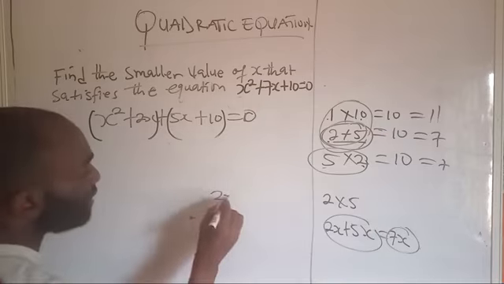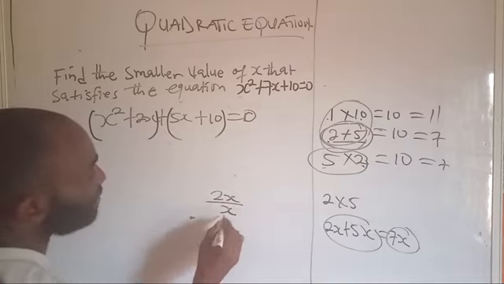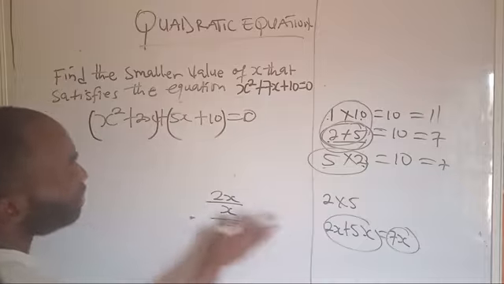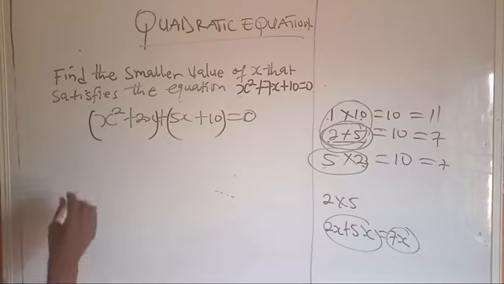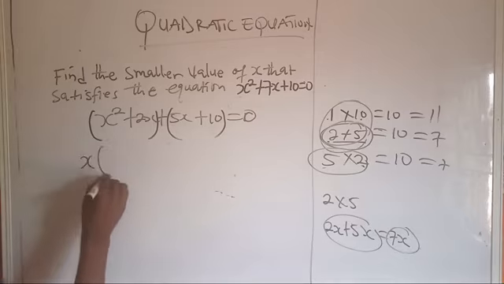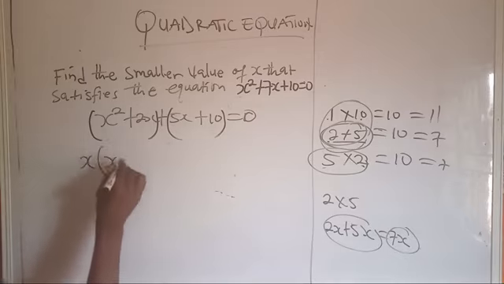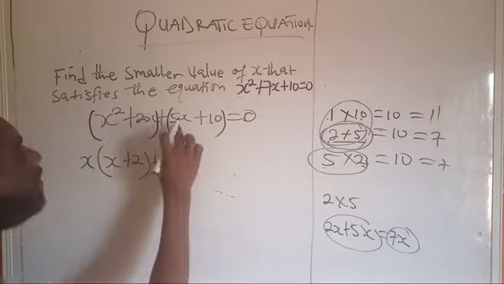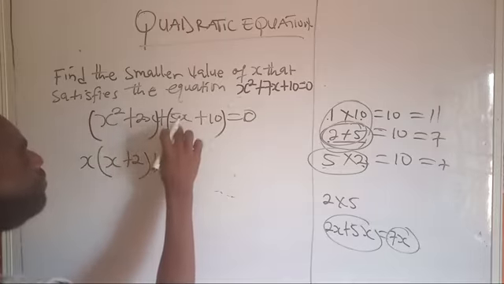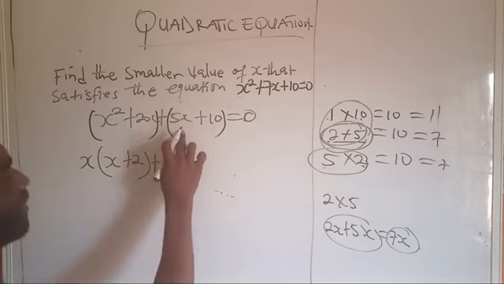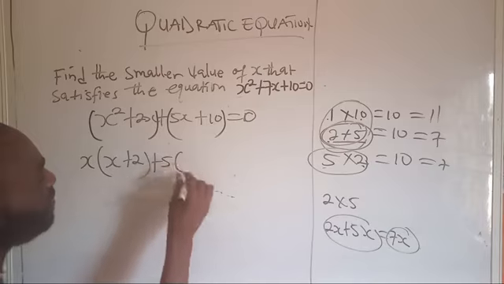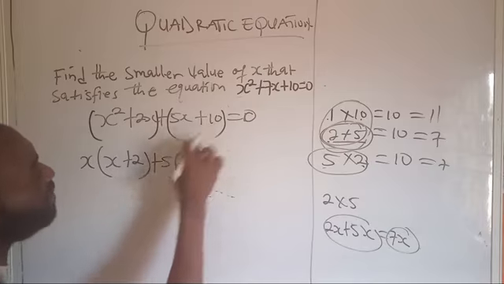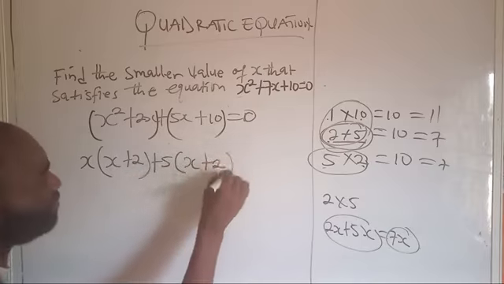So 2x dividing x gives us 2, which means x is the highest common factor. So we take it outside, and here we are going to have x plus 2. Then in the second bracket the highest common factor is 5, because 5x divided by 5 is x. So 5 outside, we have x plus 2, since 10 divided by 5 gives us 2.